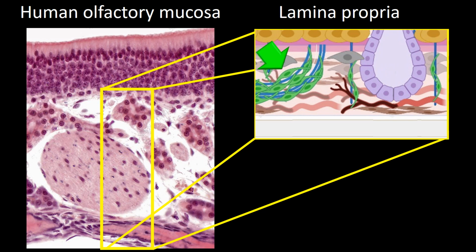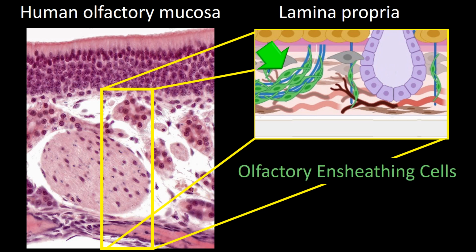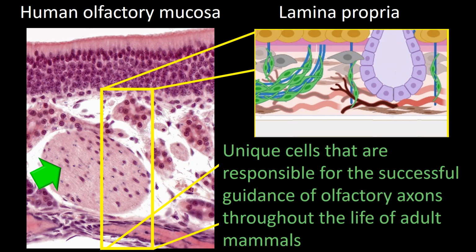In the illustration, I am now indicating the olfactory ensheathing cells. They have been cut tangentially. In the specimen, they are cut transversely, hence they look very different. Olfactory ensheathing cells are responsible for the successful guidance of the olfactory axons of the newly formed olfactory sensory neurons throughout the life of an adult mammal.